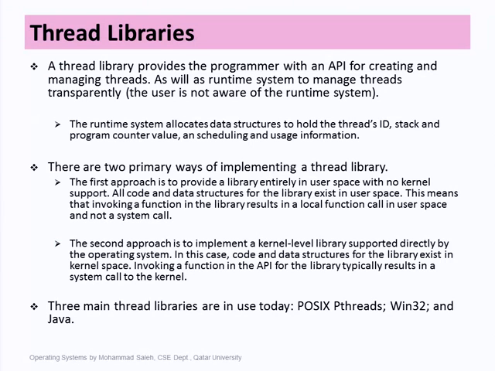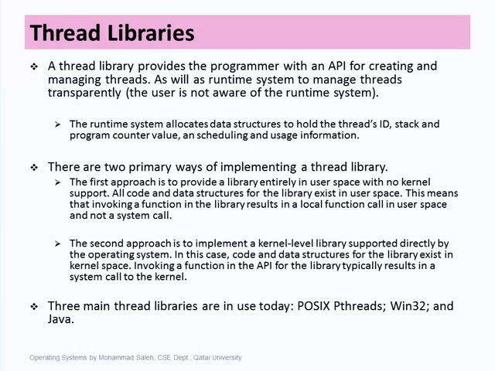The POSIX threads library, which we refer to as pthreads, because it's the POSIX threads library, and because every function in this library starts with pthread and then an underscore. All the functions start that way.